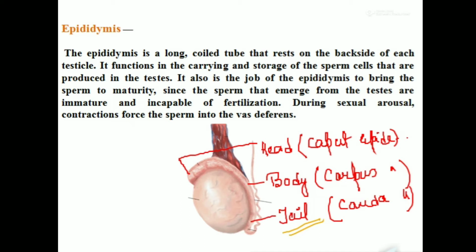In the tail part, sperm are stored for a few hours, like 18 to 24 hours, and in this process sperm achieve physiological maturity. Now I will tell you the whole scenario.